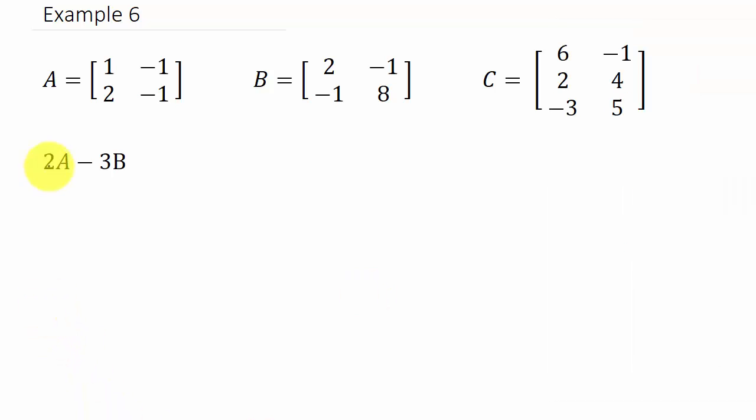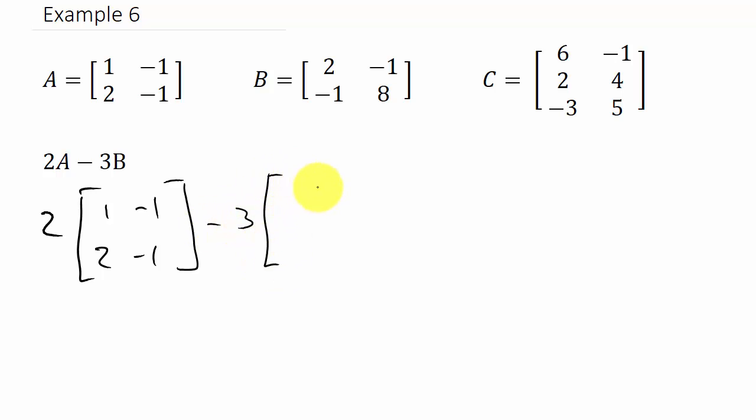Okay. Alright, so here's the last example. I have 2 times matrix A minus 3 times matrix B, which would be 2, negative 1, negative 3, 8. Alright. So first thing I need to do is multiply each matrix by its scalar.